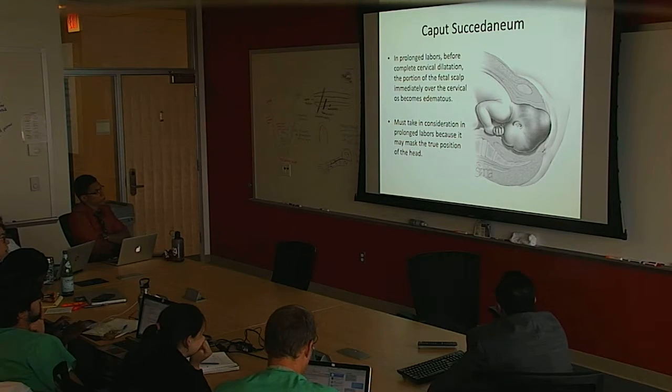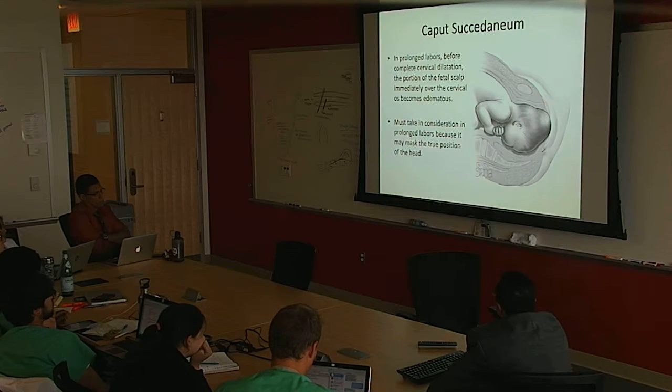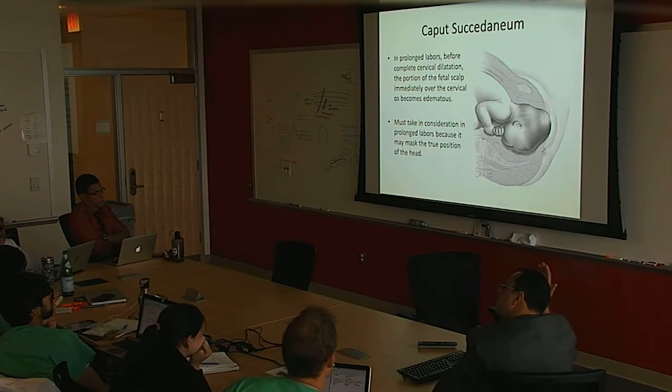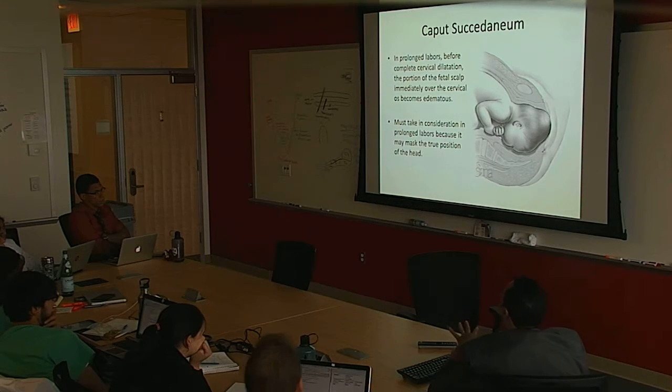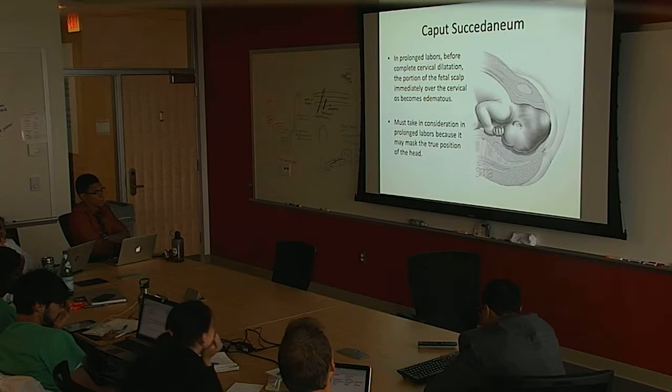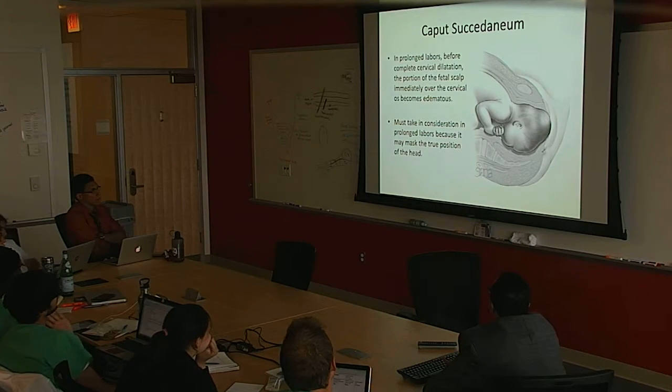Must take into consideration in prolonged labor because it masks the true position of the head. So if you feel the head and say, oh, that's zero station, that's engaged or not, but this is edema. The bones are behind that, and she's not really engaged. So you need to consider that when you assess the baby, if there is caput succedaneum.